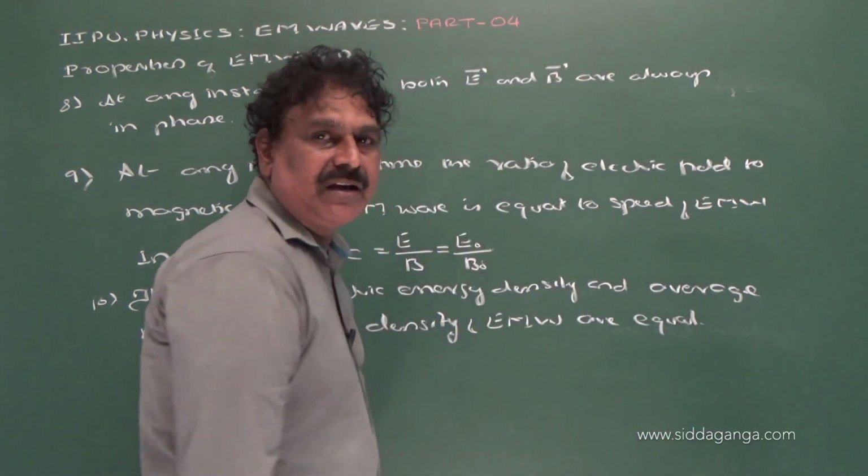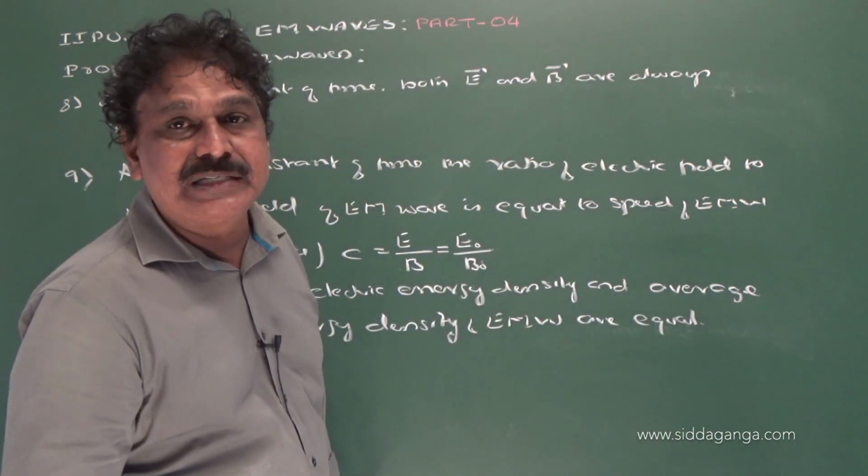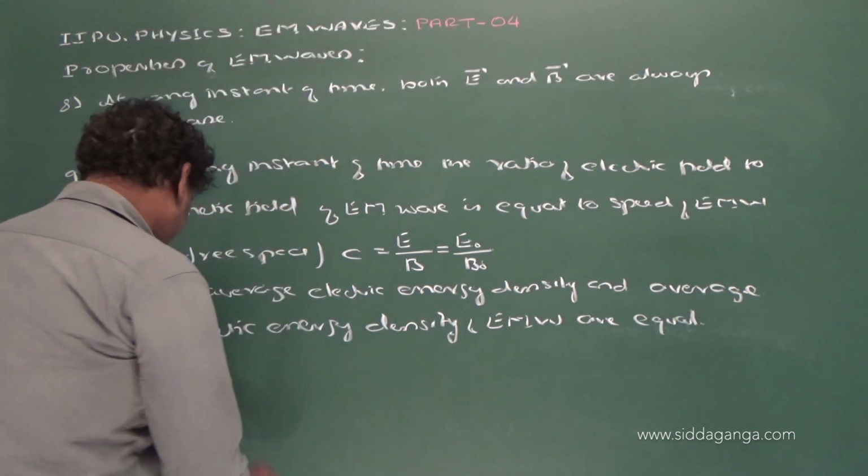The energy density of magnetic field is equal to energy density of electric field.